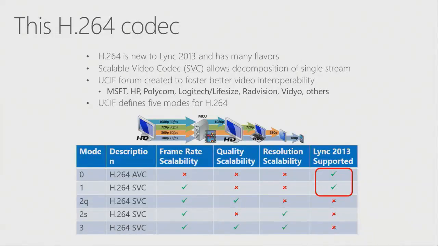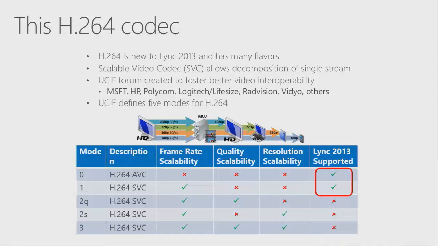And then that MCU can basically unpackage different parts of those mini streams and send them to the respective devices without having to do an expensive decode and re-encode. This way, it's more of a switching model rather than a decode-encode model, and the requirement from the CPU standpoint goes down tremendously.